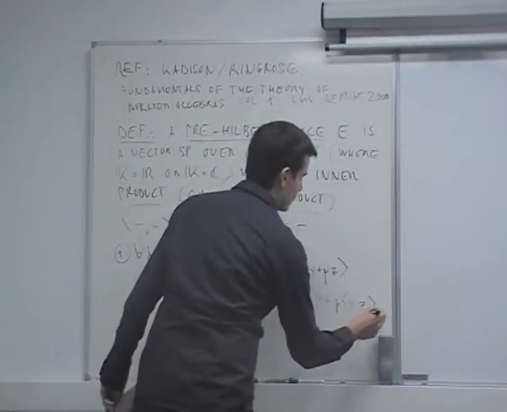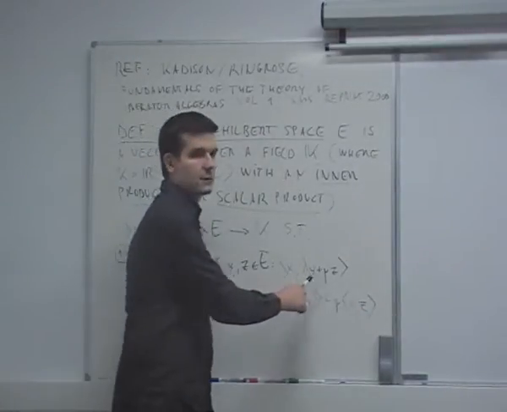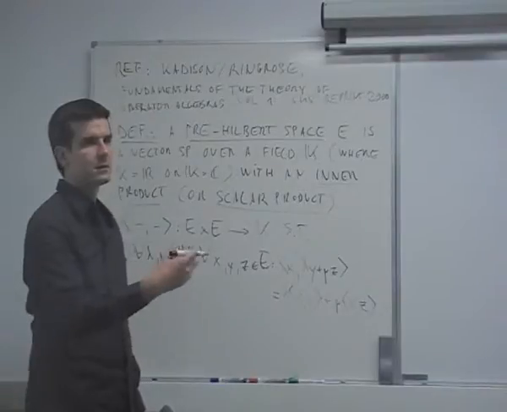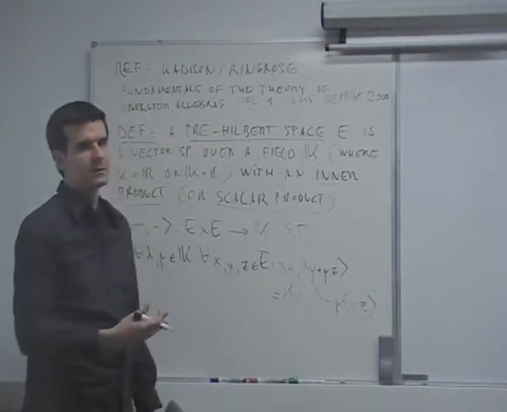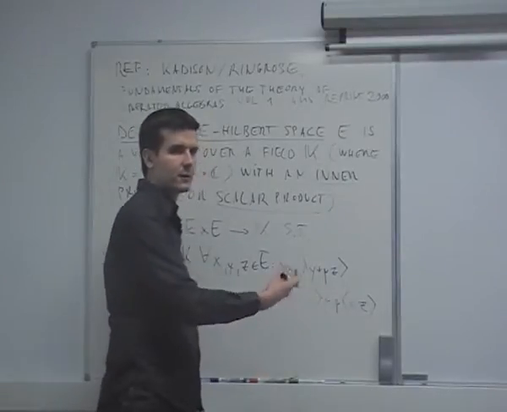This is of course a convention, we have linearity in the second argument. Mathematicians very often have by convention linearity in the first argument, physicists usually have it in the second, so we'll go with the physicist convention.